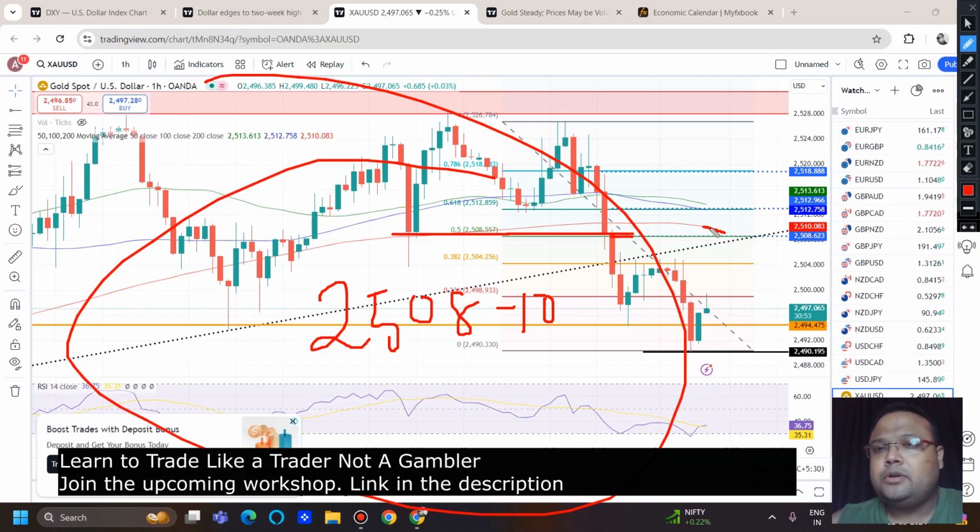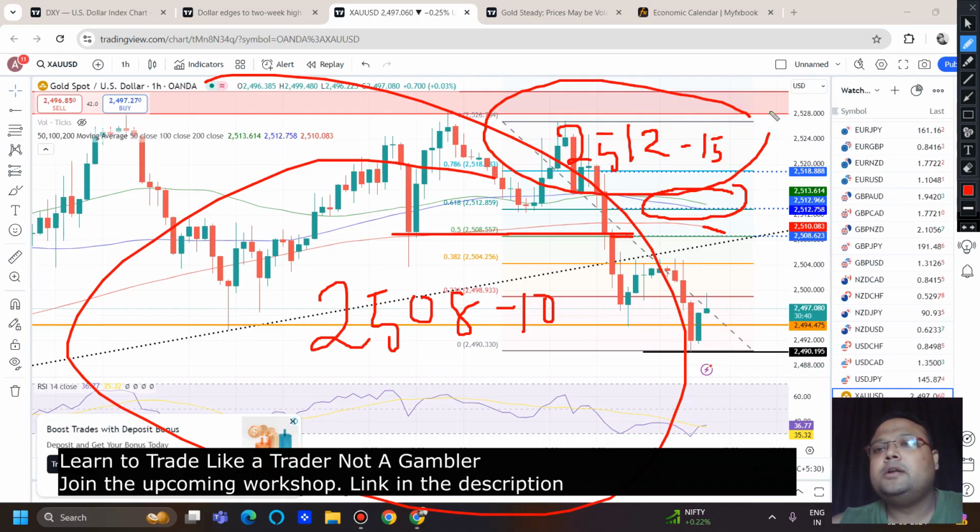So around 2508, 2510 also we can expect a quick sell opportunity, and the second selling opportunity will come around 2512, 2515. Okay, this is also another level, and then the fourth level is around 2519, 2521. This level is still the same from Saturday, but we have some minor changes on the other levels.